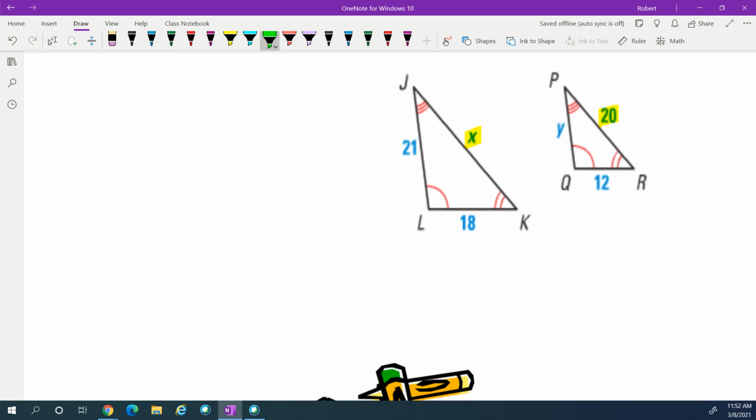So if I don't want to use the y, then I have to use the 12, which corresponds to the 18. And we can do something like x over 18 equals 20 over 12. And of course, we can work that out. 12x equals 360, and x equals 30.